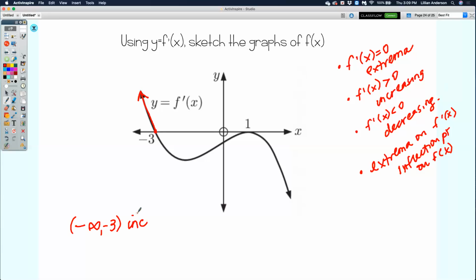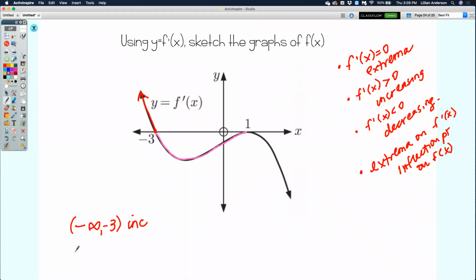Does everybody see that? Make the connection. From negative 3 to 1, we are below the x-axis. We are decreasing.